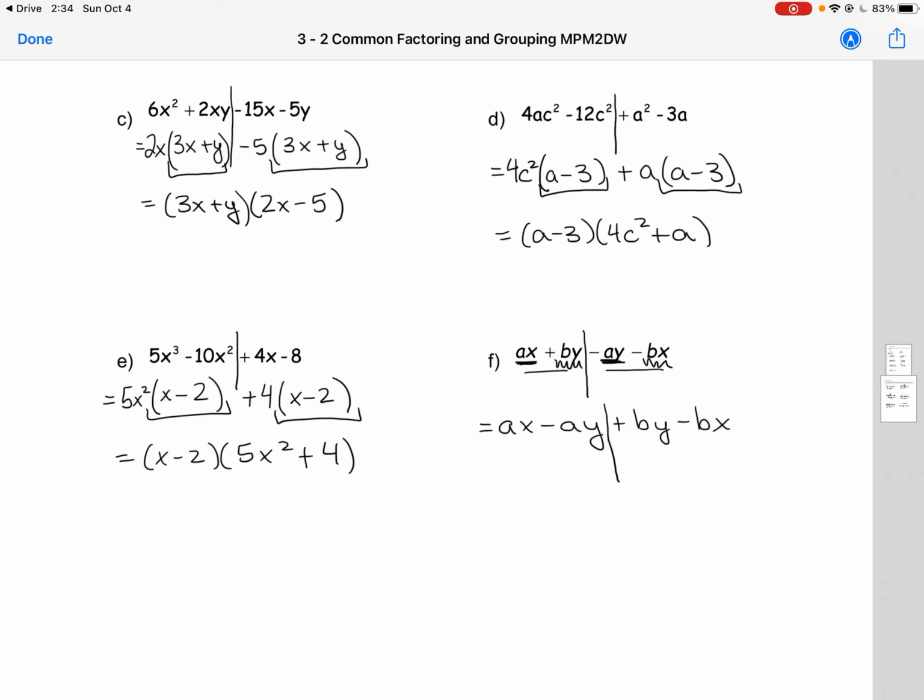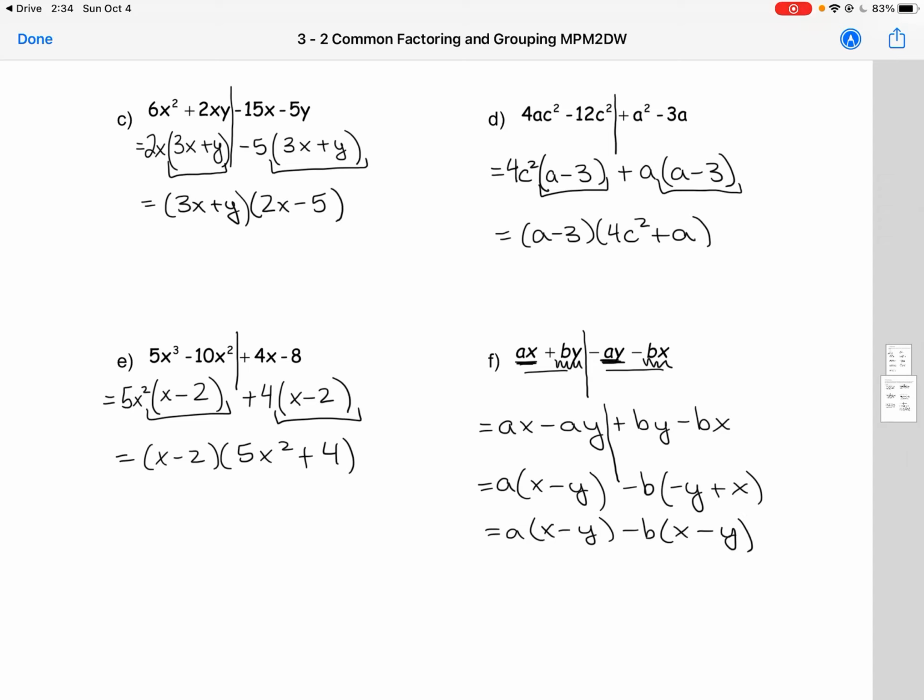So now I'm going to divide it into two again, and I can factor a out of my first term. And in my second term, I'm going to factor out minus b. That's going to leave me with minus y plus x, which I will rewrite as x minus y.